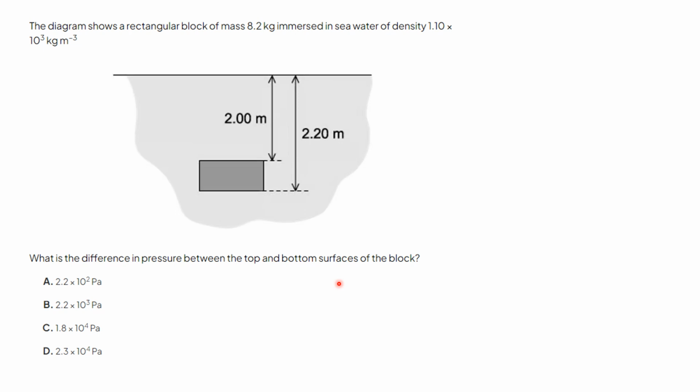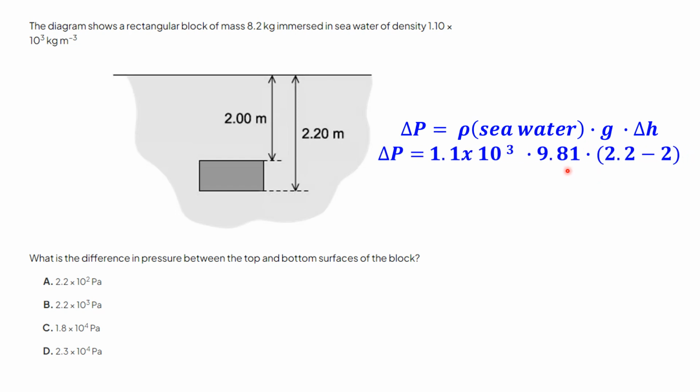To answer this question, we are using the pressure difference equation of hydrostatic pressure, which is the product of the density of the seawater times g times the difference in height. So the density of the seawater was provided, which is 1.1 times 10 to the 3.